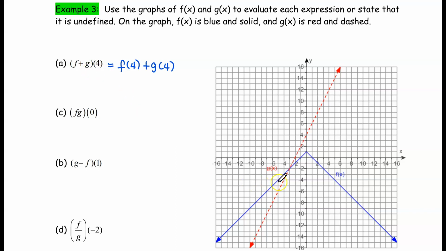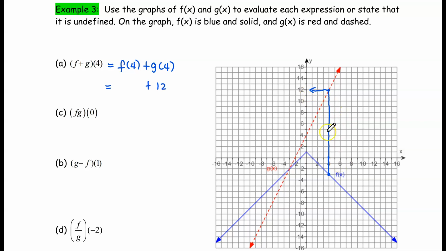So to evaluate this, let's go ahead and find the value of the function when x is equal to 4. So when x is equal to 4, you can draw a line and see where this one would intersect at your graph. Now at the red curve, that's the graph of g of x. This line intersects at this point, and that corresponds to 12. So that means your g of 4 is 12.